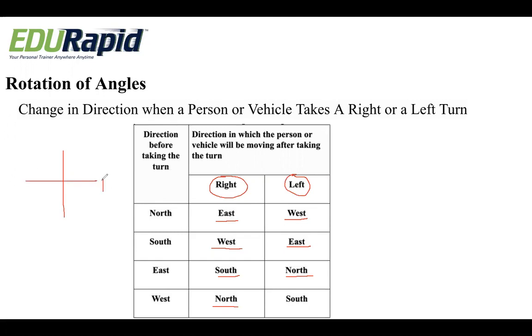This is east. This is north. This is south. This is west. Let's say if somebody is going east and makes a left turn, what happens? You go north. If somebody is going east and makes a right turn, you go south.